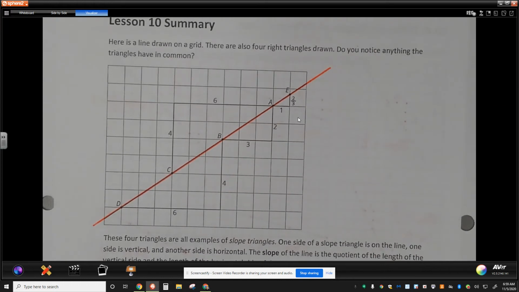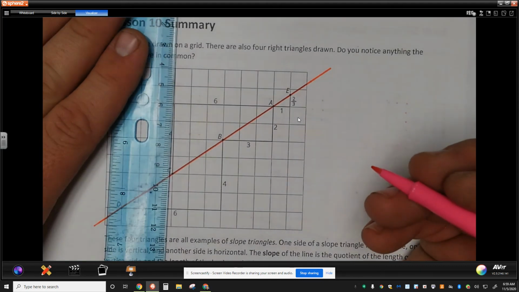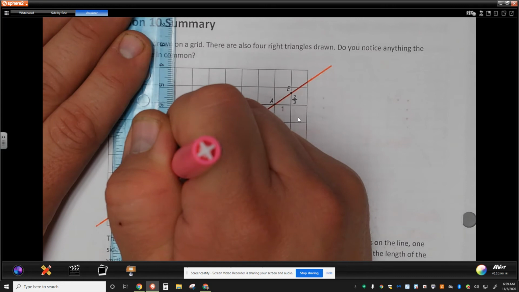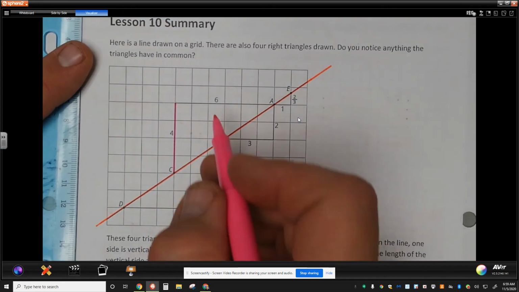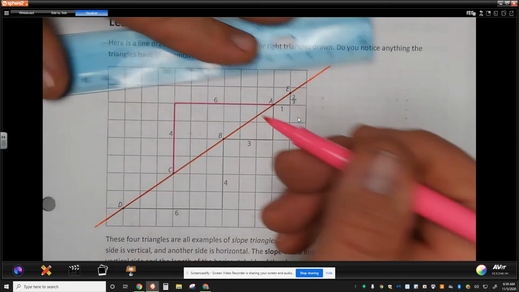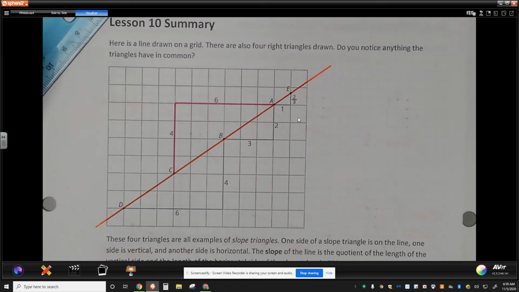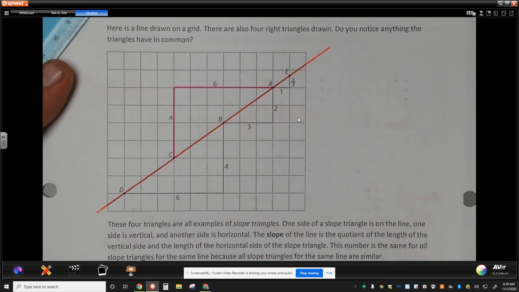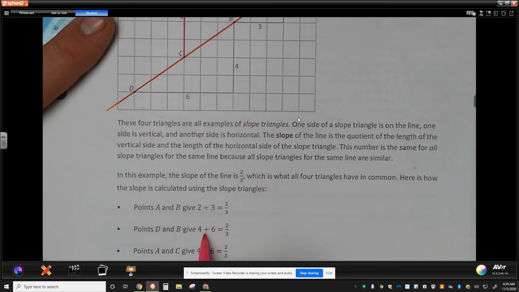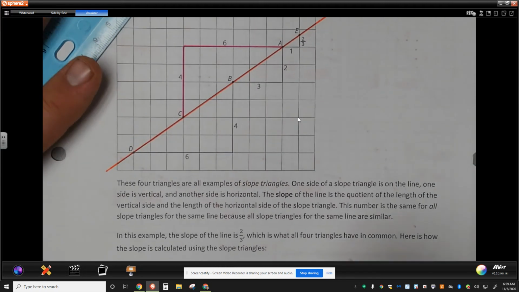So when we look at the first triangle up here across the top, we see that it has a rise of 4 and a run of 6. Down here at the bottom, we see that 4 divided by 6 is the same thing as 2/3.